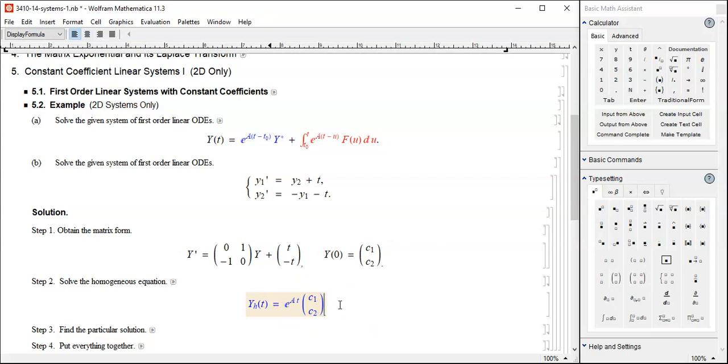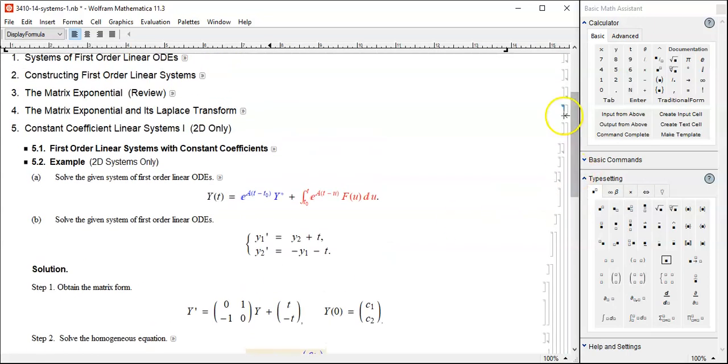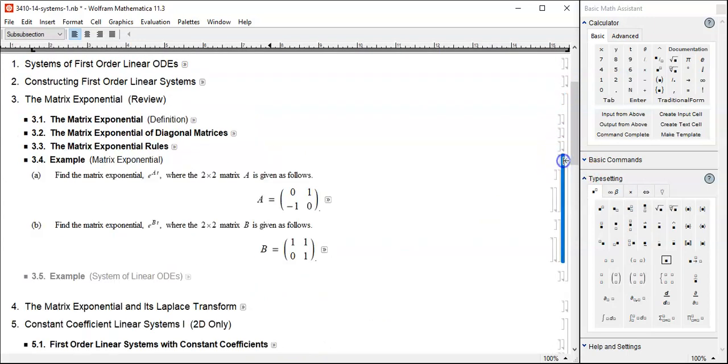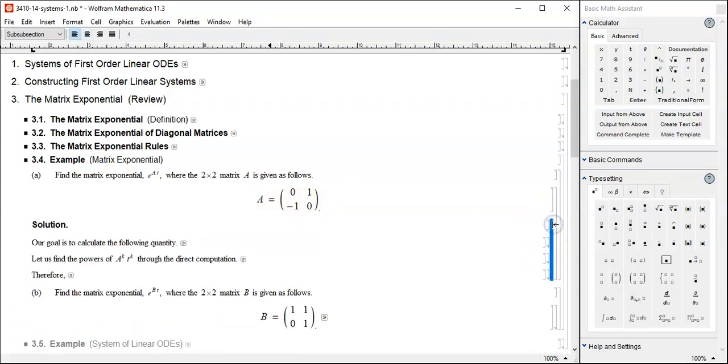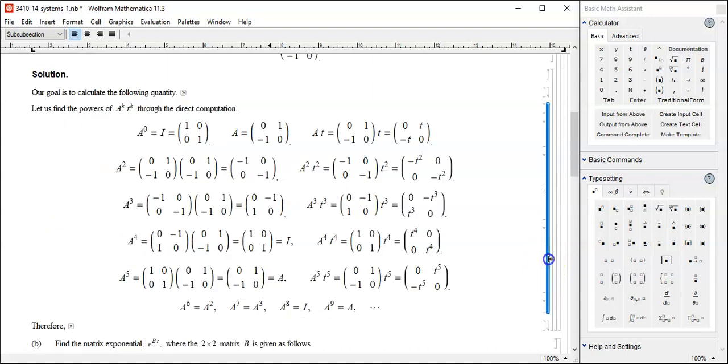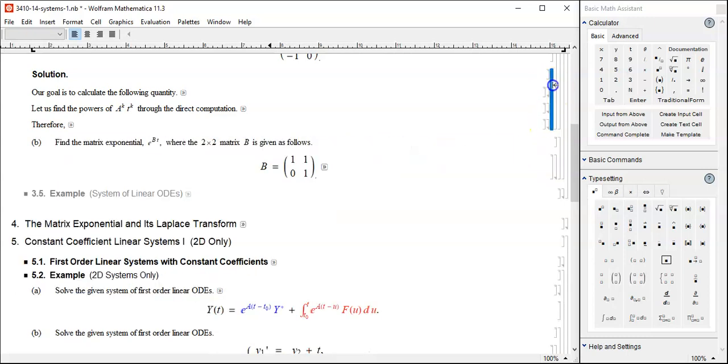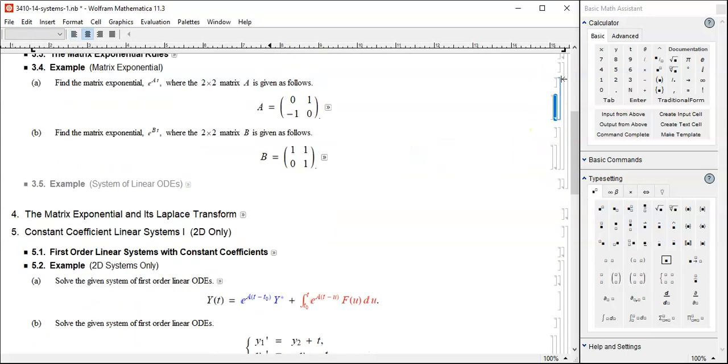As a matter of fact, we have found it out already twice. Here we had it. This was using the brute force method, doing all those computations, and then putting everything into the Taylor-Maclaurin series expansion, and then somehow, luckily, we got a pattern, and then we got this matrix exponential.